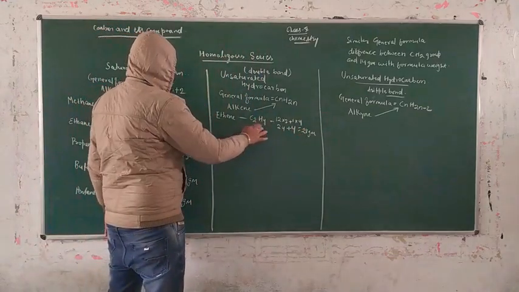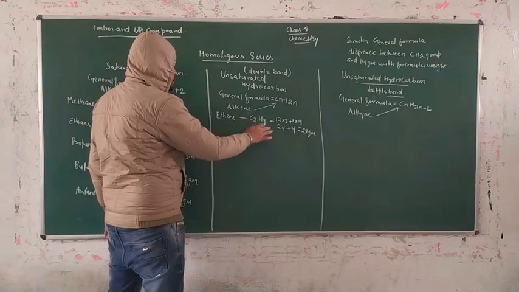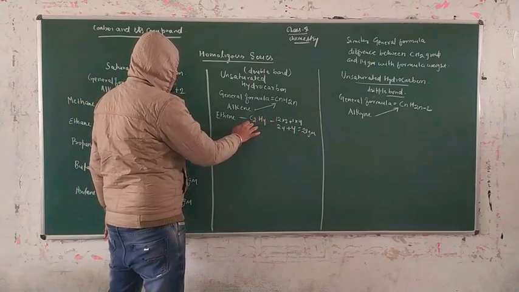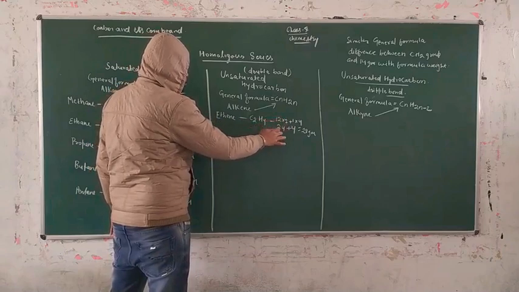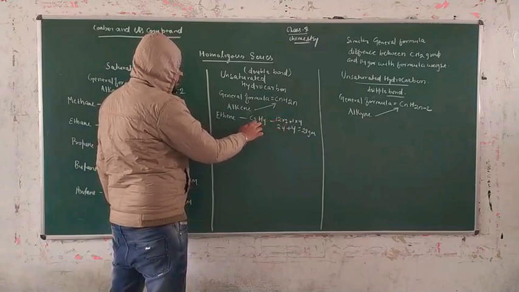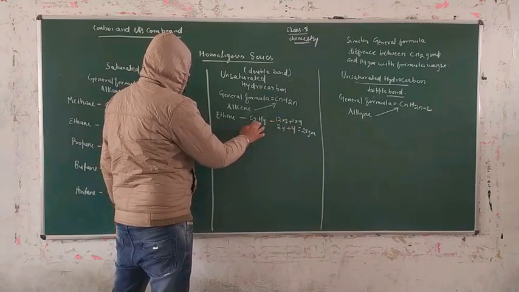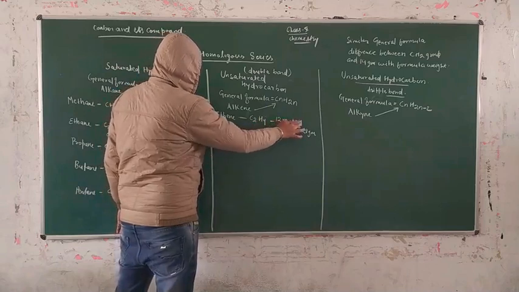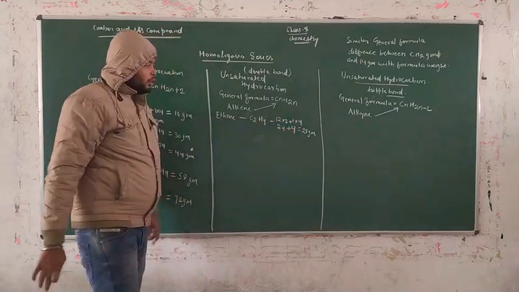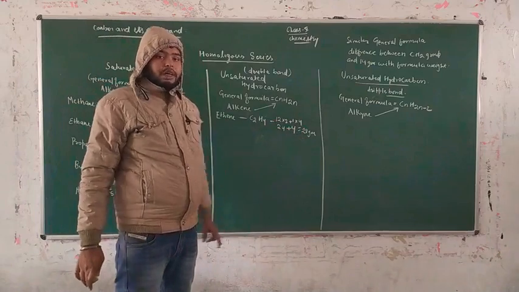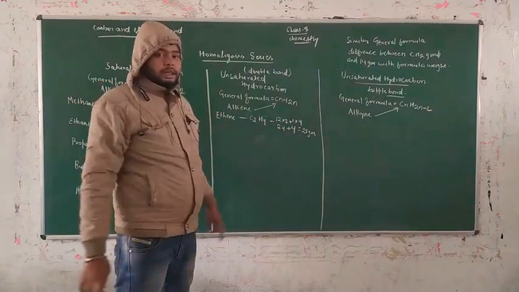This 12 comes from the carbon, that means the atomic weight of carbon is 12 gram. 2 atoms are present, that means 12 into 2 is equal to 24. Atomic weight of hydrogen is 1 gram, but here 4 atoms are present, that means 1 into 4, that is equal to 4 gram. 24 plus 4 is equal to 28 gram is the formula weight of ethene here.